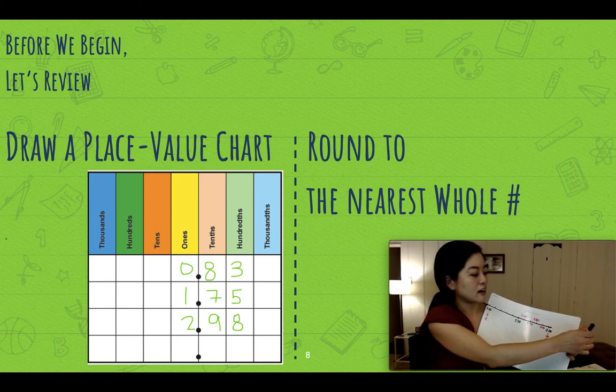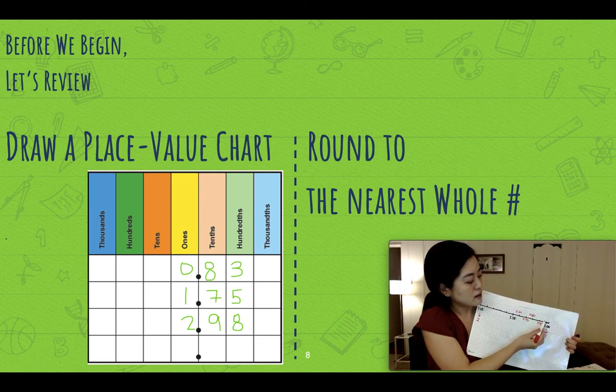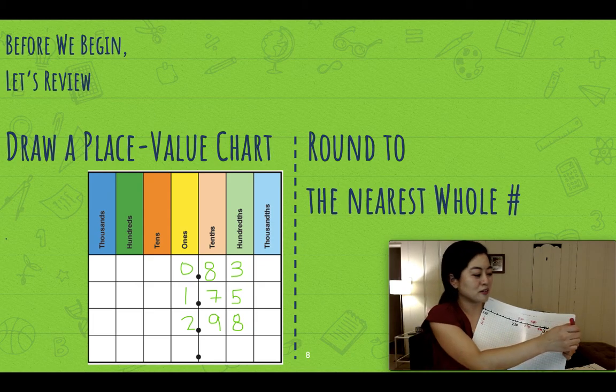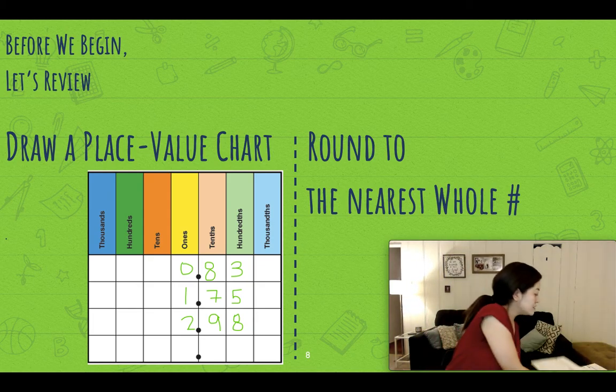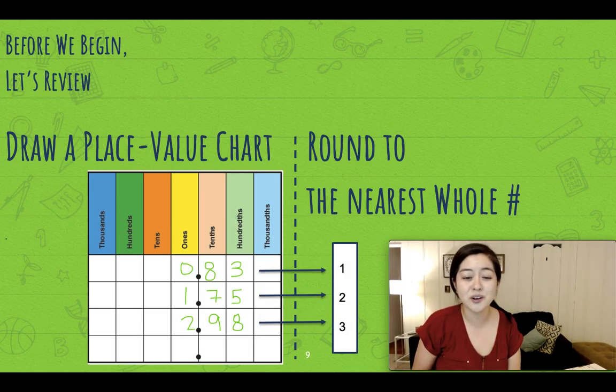It looks like 2 and 98 hundredths would be right about here, very close to the higher end, the whole number 3. So when we rounded 0.83 to the nearest whole number, it was 1; 1.75, it was 2; and 2.98, it was 3.